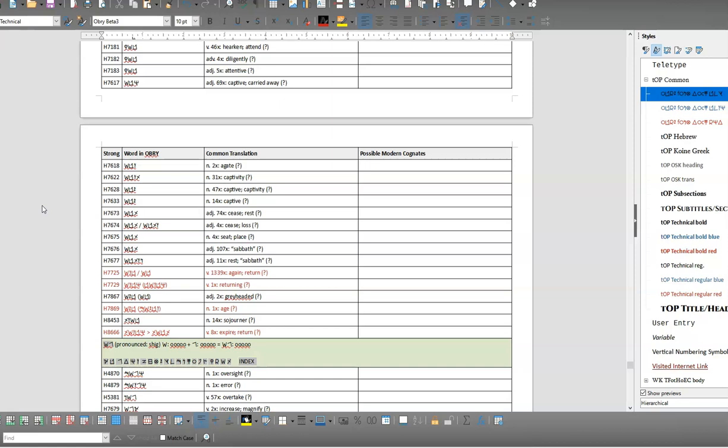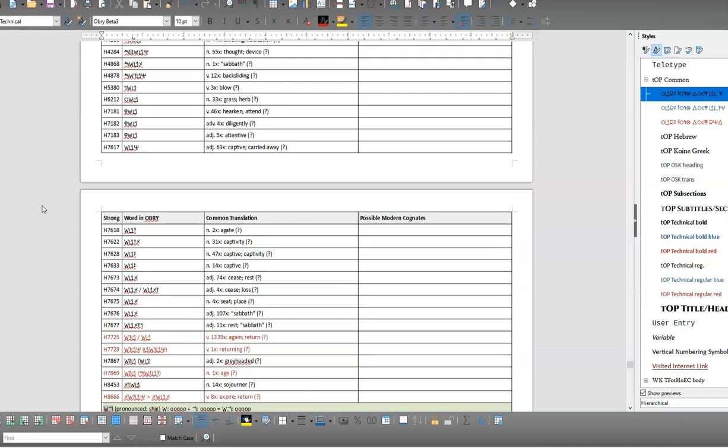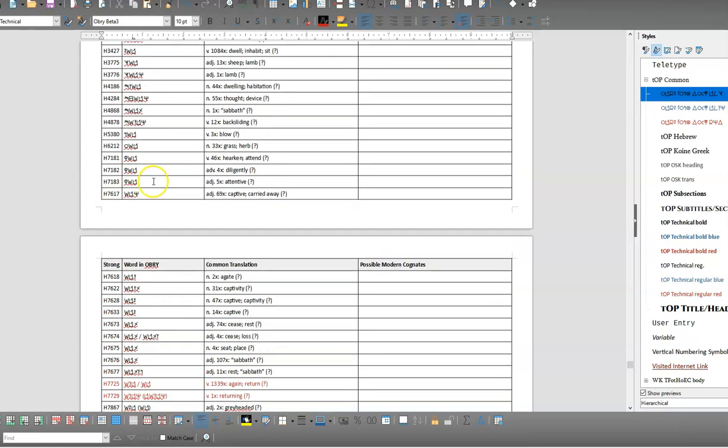I've tried to make the explanation of these things very clear in the document itself at the beginning, but it will help if you watch this, and as we go along I'll explain what I'm doing, because the roots table, like the OSK, which stands for OBRY Strong's KJV, it's an interlinear, the other document we're using, they are both works in progress. So I have published these works in progress to help you, and yet no, they're not perfect.